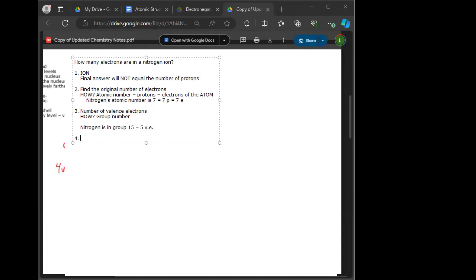We need to figure out if the atom is going to lose or gain to get to 8, and how many it will lose or gain.